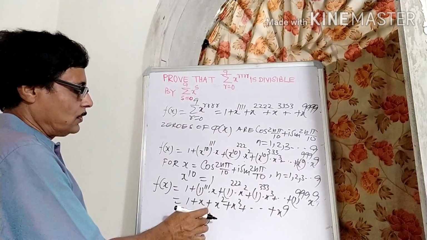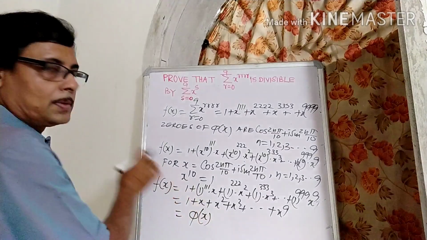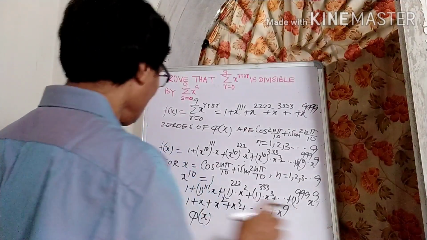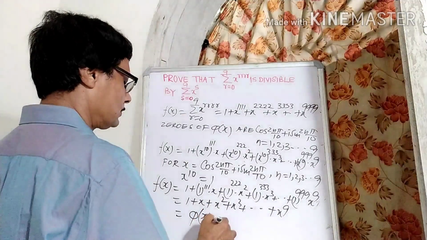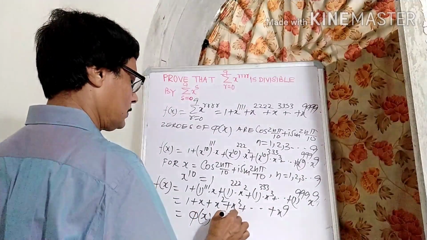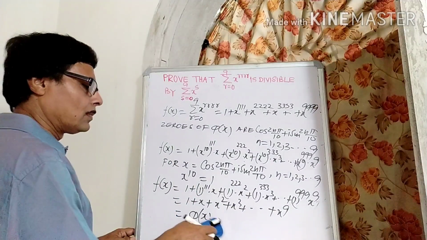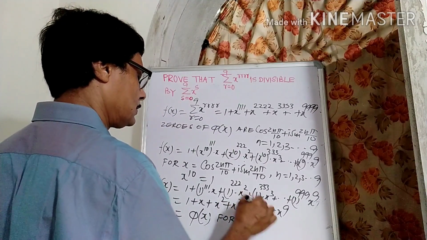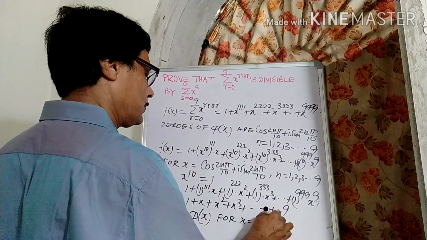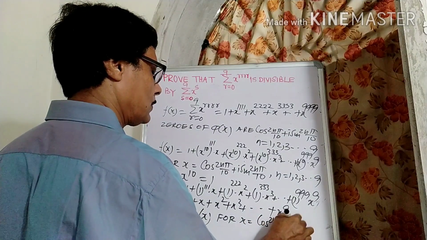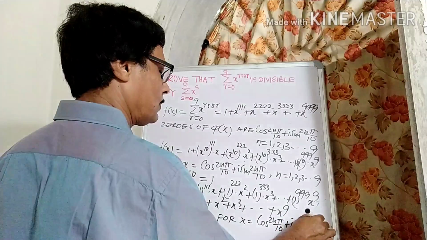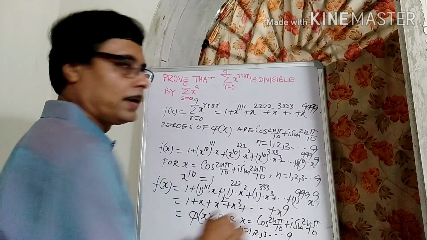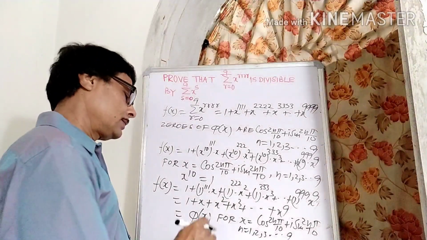So the roots of phi(x) are the roots of f(x). f(x) equal to phi(x) for x equal to cos 2n pi by 10 plus i sin 2n pi by 10, n equal to 1 to 9.